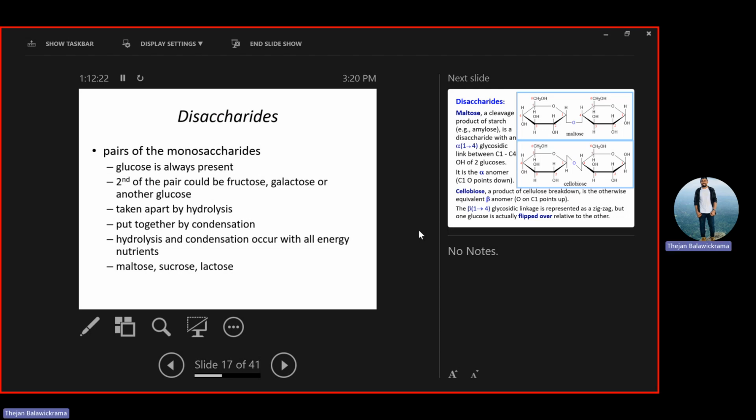During the reaction between these two, this OH always goes with this hydrogen to form a water molecule as a byproduct.